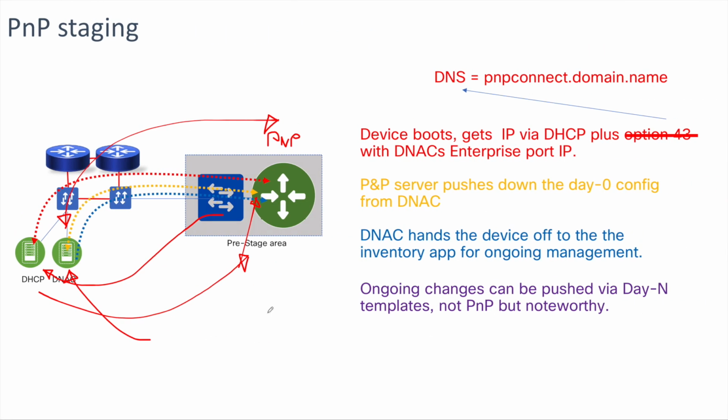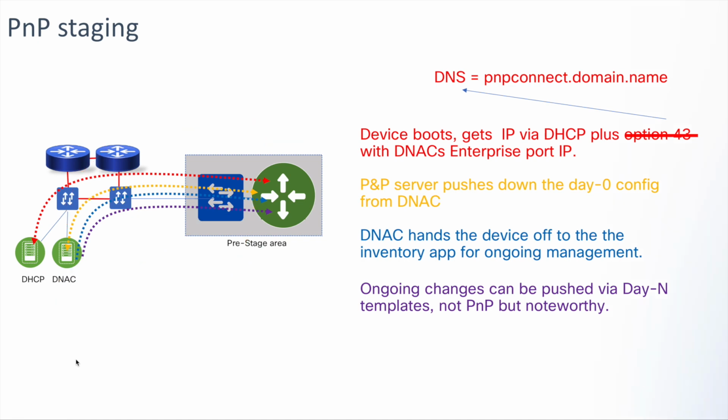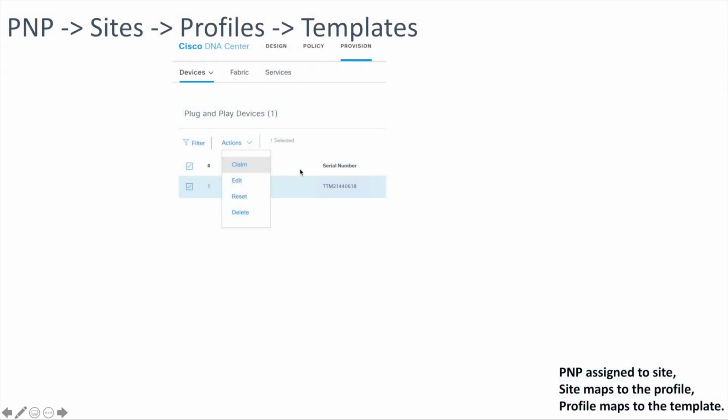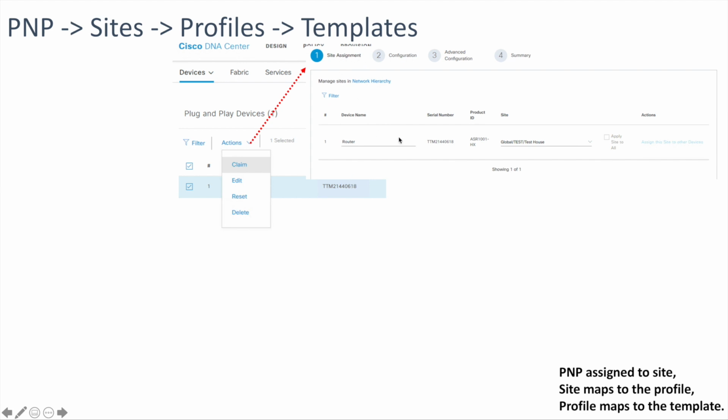So if I go back to our PowerPoint, if I can get rid of this pen. If you recall, we went to the plug and play screen, we claimed the device, or we added a new device anticipating its arrival. Then through the workflow, we assigned the device to the site, which we created under the design workflow.